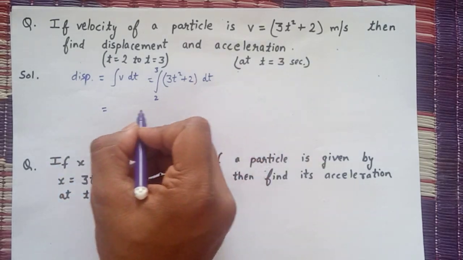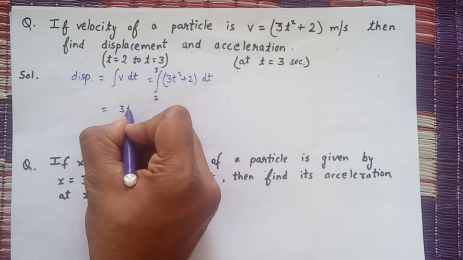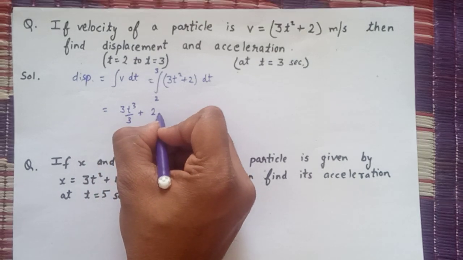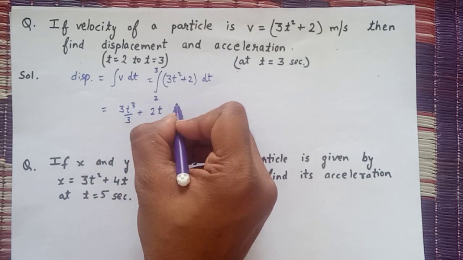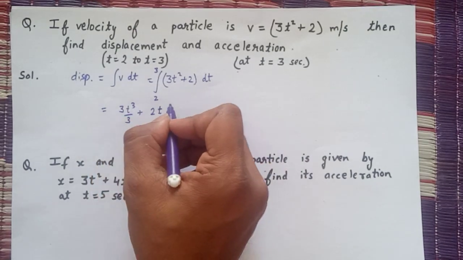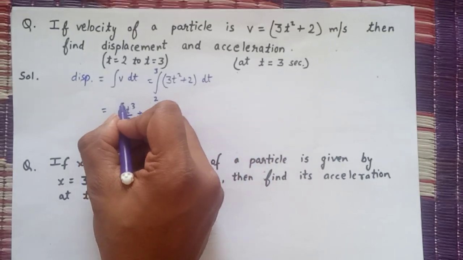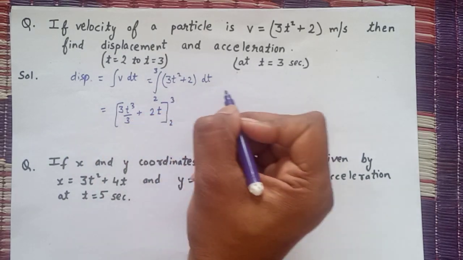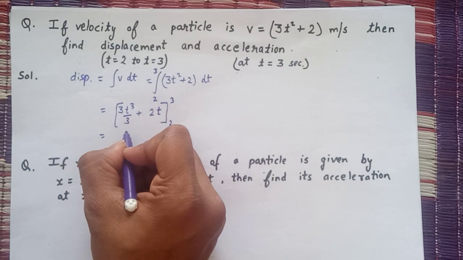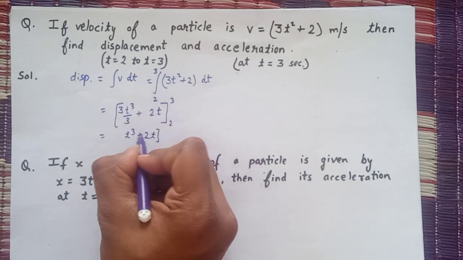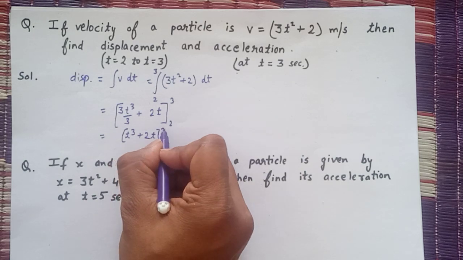So its integration will be 3t cube by 3 plus 2t plus any constant, let it be 0, and then putting the limits 2 to 3. So it will be t cube plus 2t, putting the limits 2 to 3.